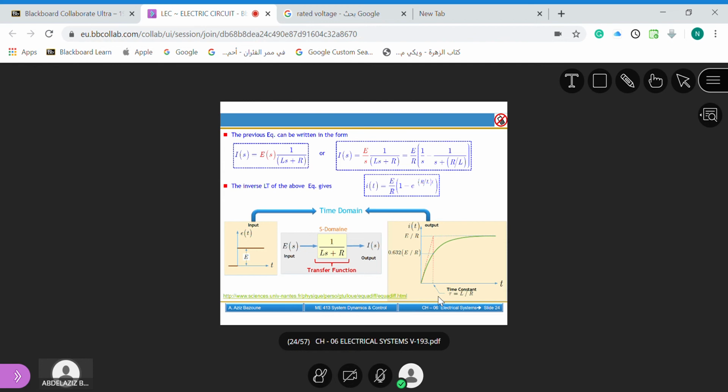We find only physical parameters, which are L and R. Now, Shabab, since we wrote our transfer function as output over input, I(s) over E(s), it is equal to 1 over Ls plus R.